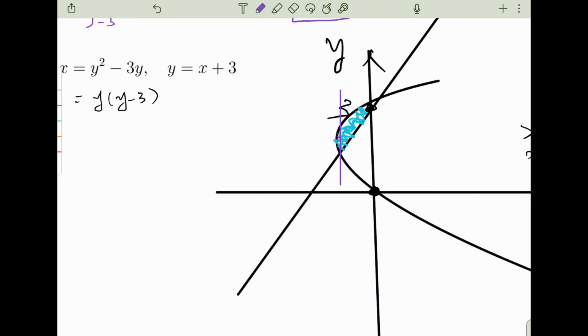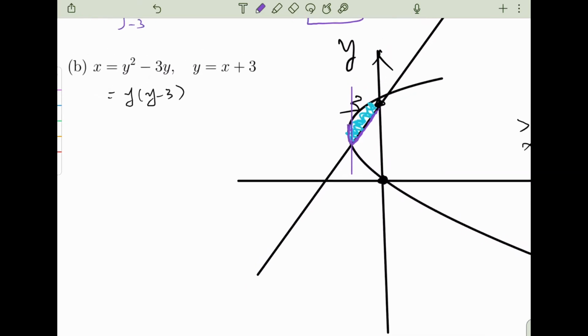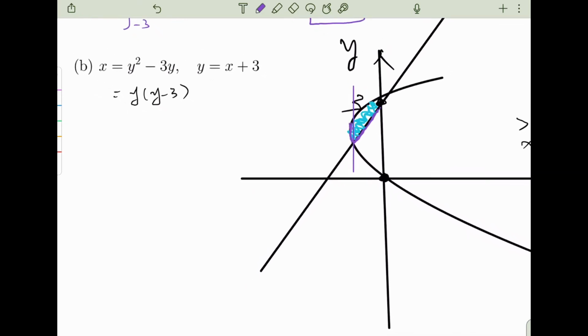Because the integrations are different for these two curves. So it's kind of inconvenient if you do the integration in terms of x.